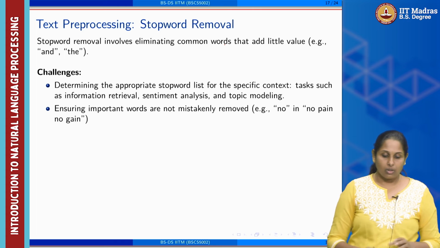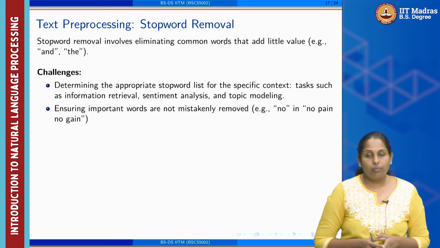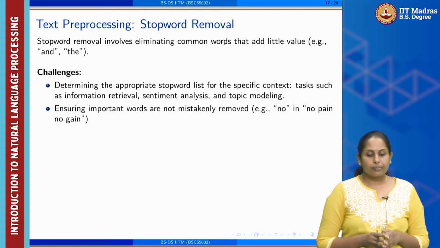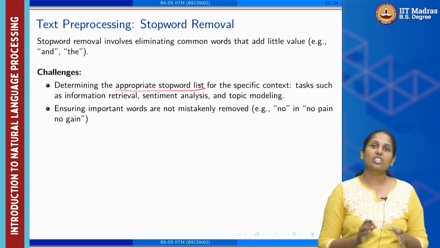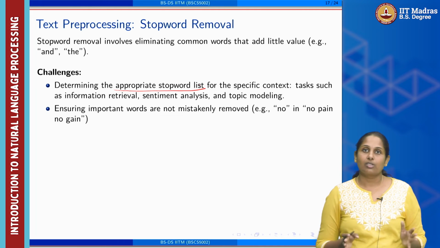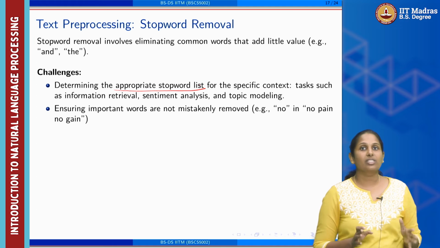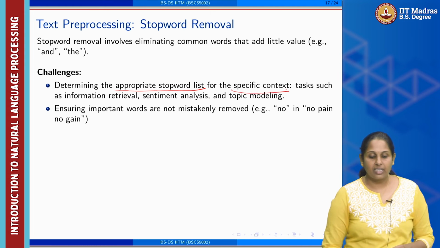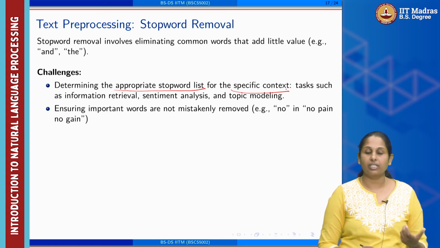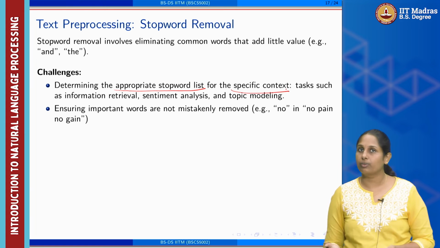Now, the challenge in doing stop word removal is determining the appropriate stop word list, right? It changes according to language. In all languages we might not have the same kind of stop words, and for a particular context stop words are something different, in another context they would be different.